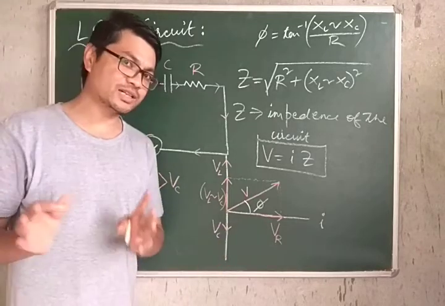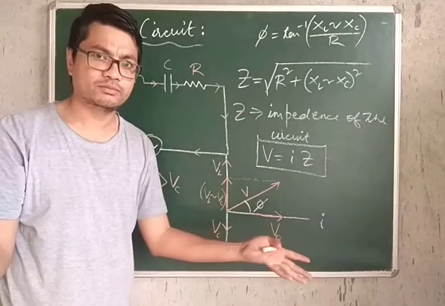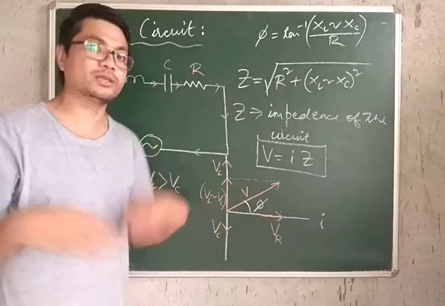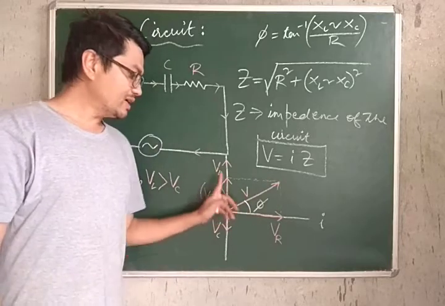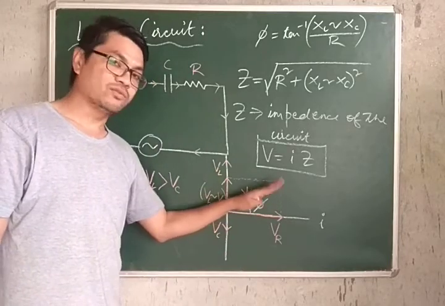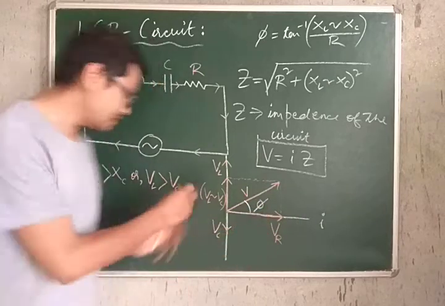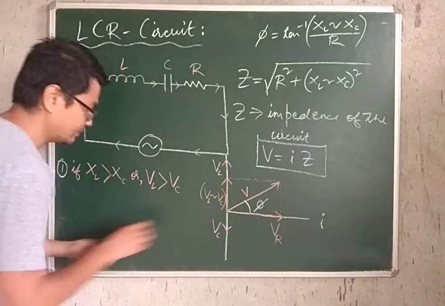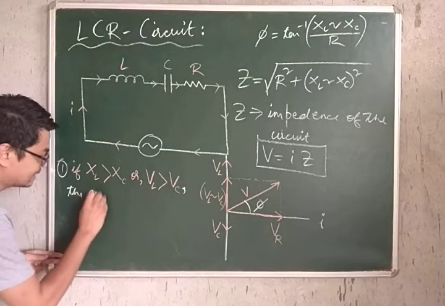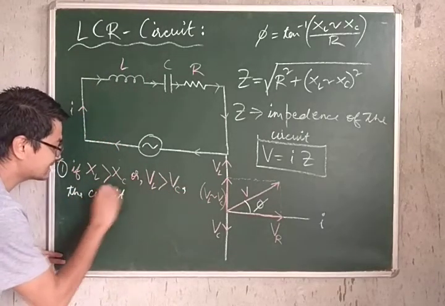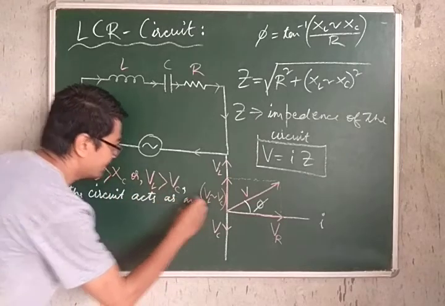because what happens in an inductive circuit? The voltage leads the current by whatever phase angle. If it's a purely inductive circuit, it leads the current by a phase angle of pi by 2. We know that. So if VL is greater than VC, since voltage leads the current by some phase angle phi, therefore, if this is the case, the circuit acts as an inductive circuit.